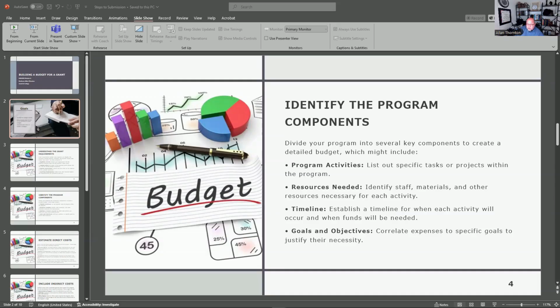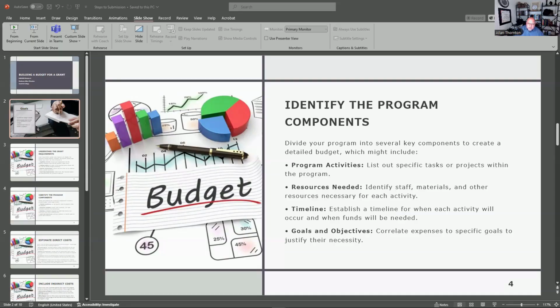You're going to talk about what your activities are in your budget proposal. The resources you need will be something that you discuss in line with your budget. And then your timeline, you're going to want to show this is where we're at and this is what we plan. That step by step of showing that grantor, this is what I plan on doing.